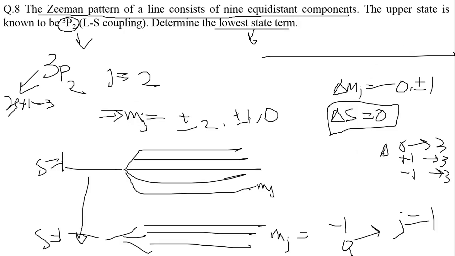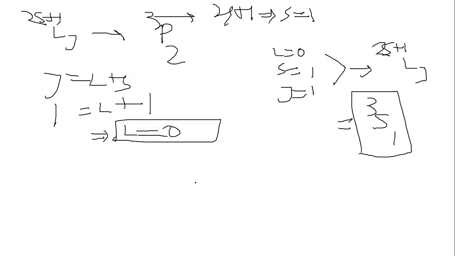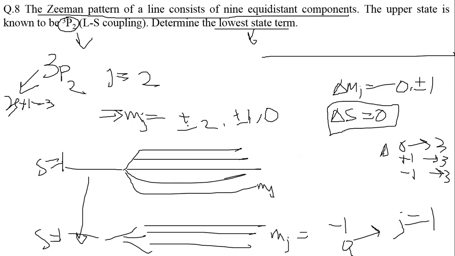So now we will see how these 9 transitions will be occurring. Suppose these are 5 levels, and this is 3 levels. So here it is 3p2, here it is 3s1. Here j is equal to 2, so mj is plus minus 2, plus minus 1, 0.